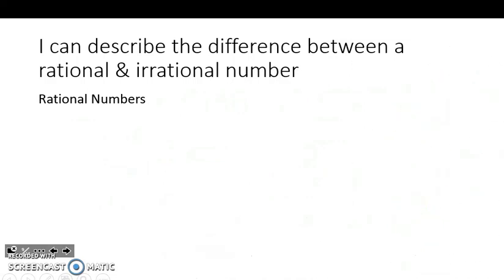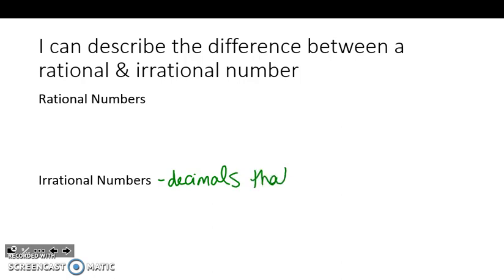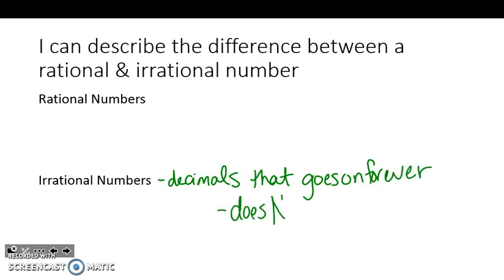All right, let's look at irrational numbers a little bit closer. So irrational numbers are decimals, okay, or any numbers that can simplify to a decimal that goes on forever. So in other words, it does not terminate, so it doesn't stop.